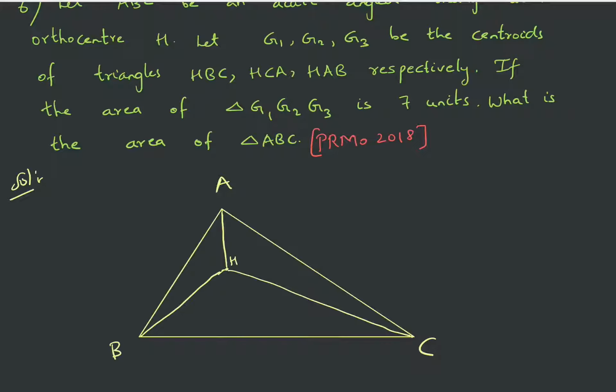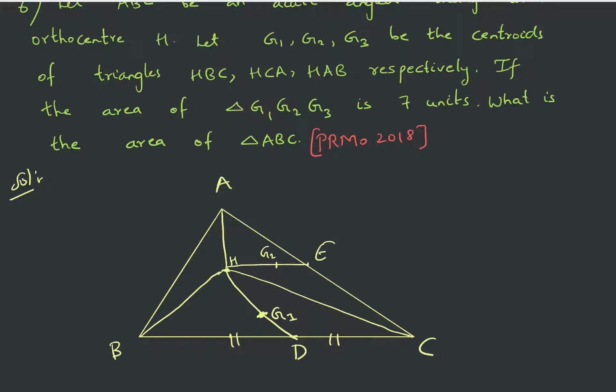Fine. Now G1, G2, G3 are the centroids of triangles HBC, HCA and HAB. Since this is the centroid, it will lie on the median, right? So let us say this is the midpoint D. G1 will be somewhere here, right? HD is the median. Similarly, if I draw the median here, G2 would be somewhere here.